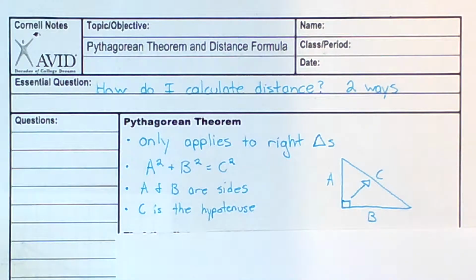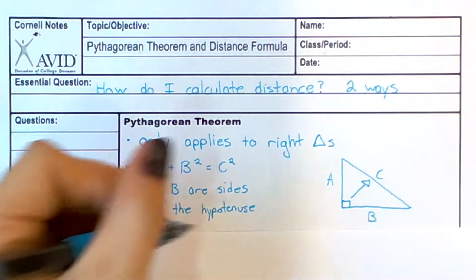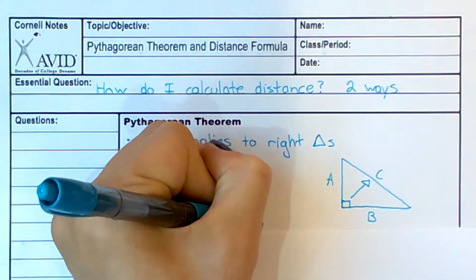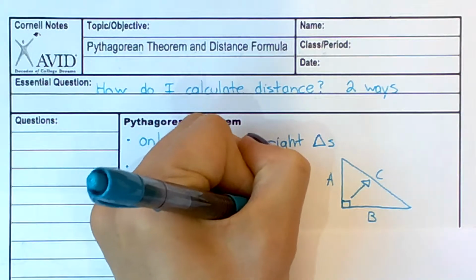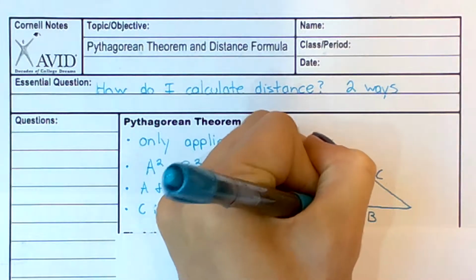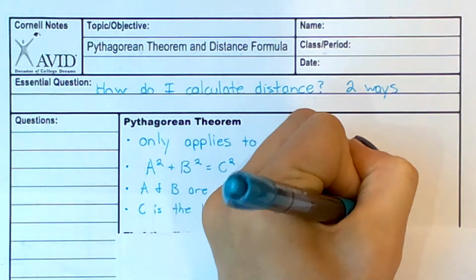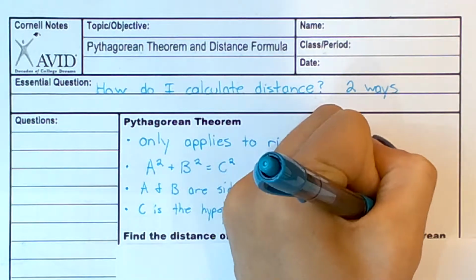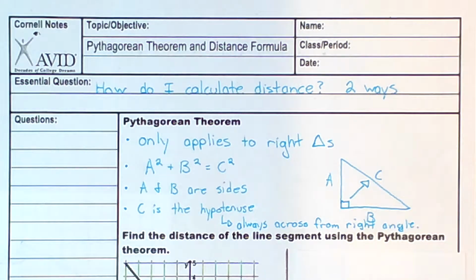And it's important to note that the hypotenuse is always across from the right angle. So always across from the right angle.